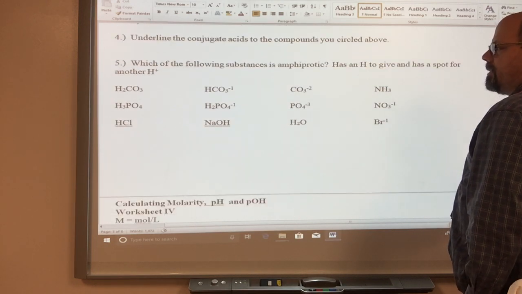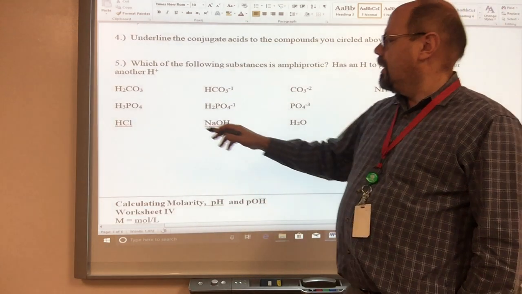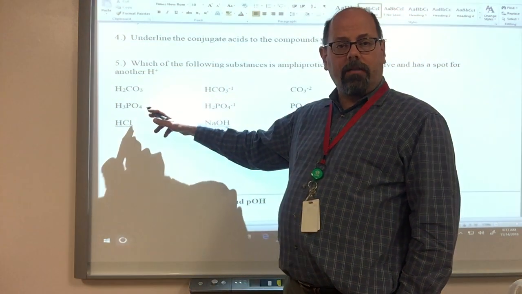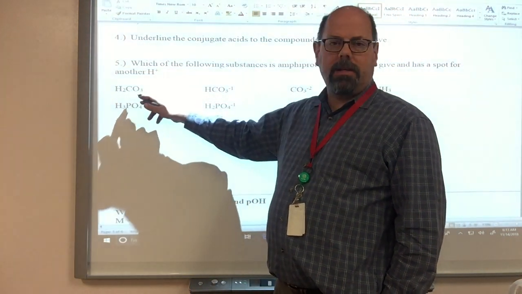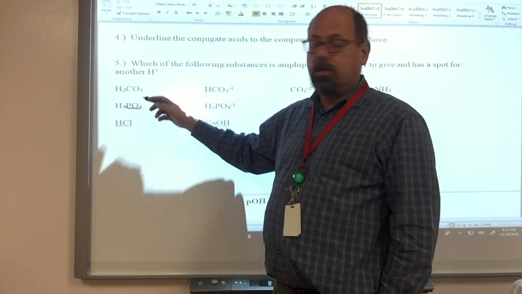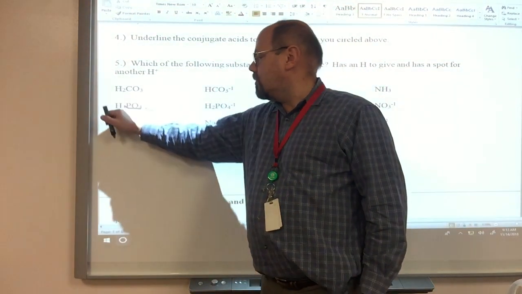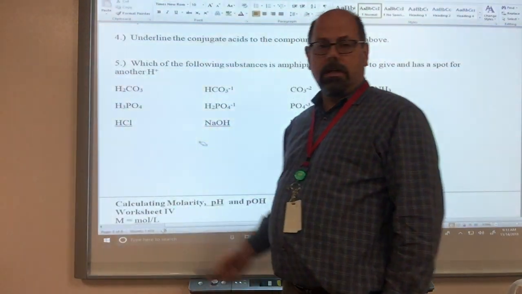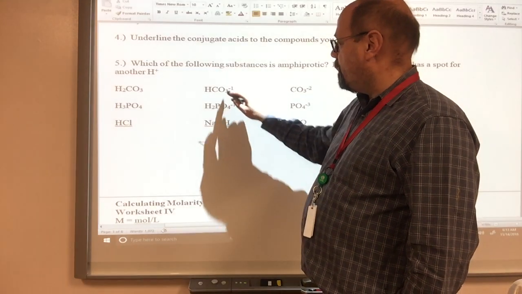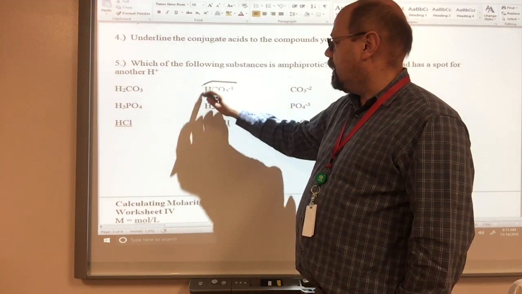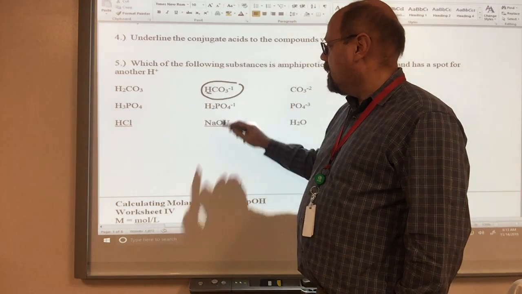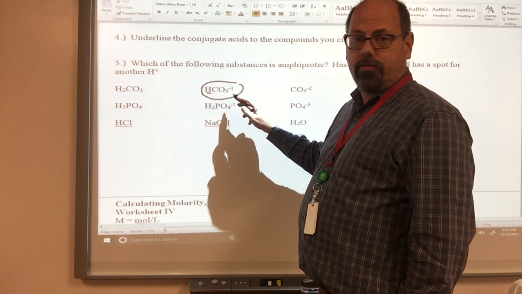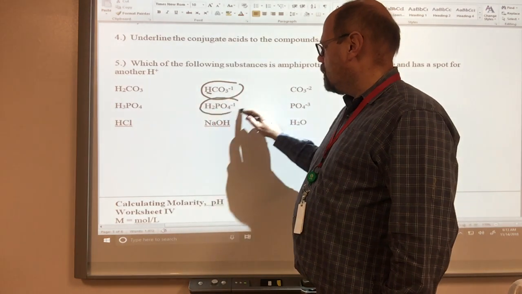Which of the following substances can give an H and take an H? Anything that's still got room is going to have a charge, typically, like CO3, but it's going to have at least one charge. So this can give H's, but it cannot take H's. In other words, it's full. It doesn't have room for extras. But this has room if it's got a charge for another H. So this can give an H because it's got an H in it, and it's got room with a -1 for another H. Same thing with this one.